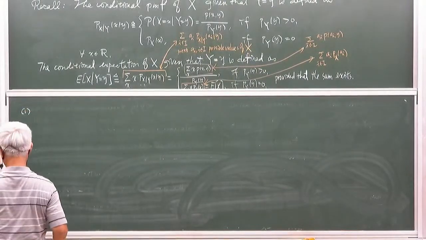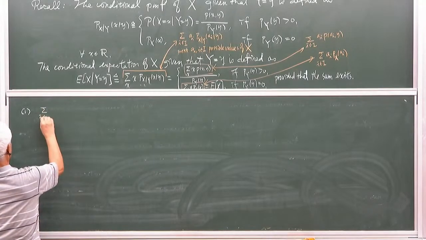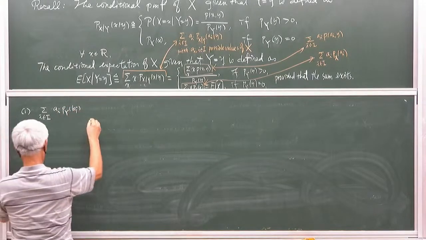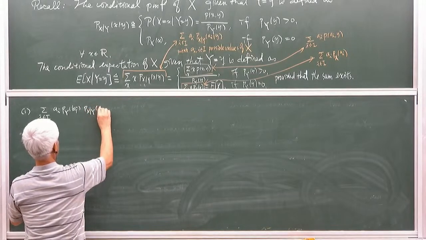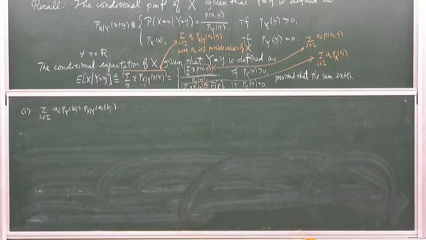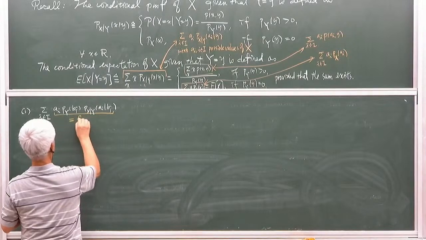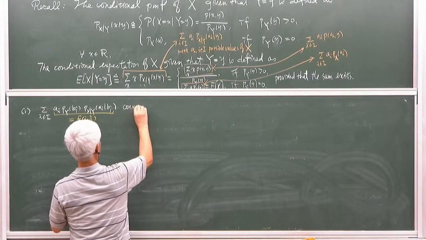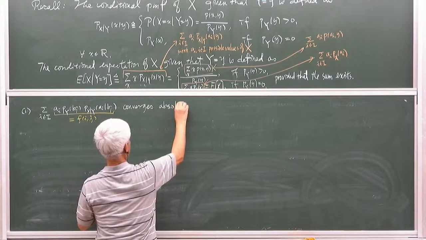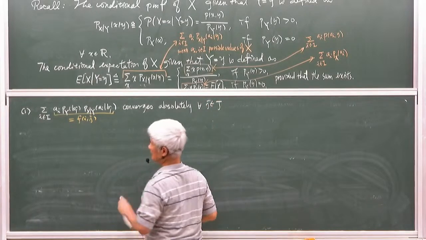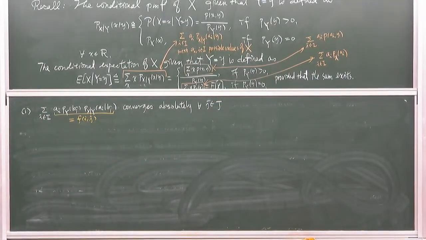One, the summation of f(i,j) converges absolutely for all j. Okay, so this is from here.